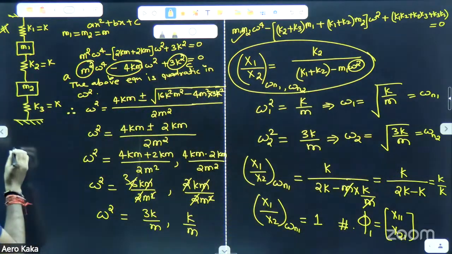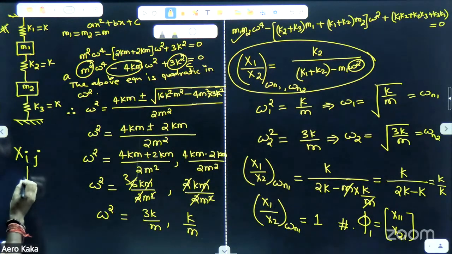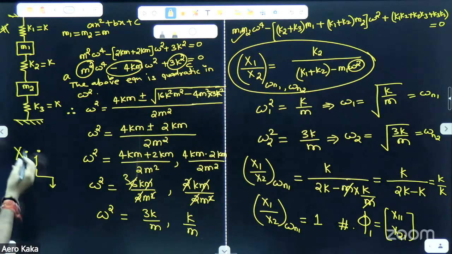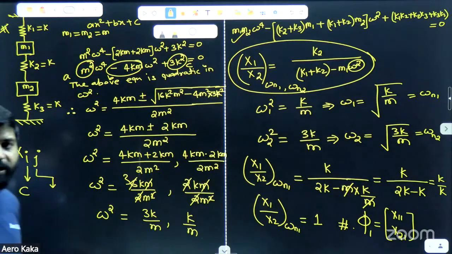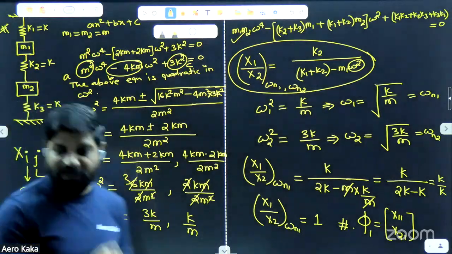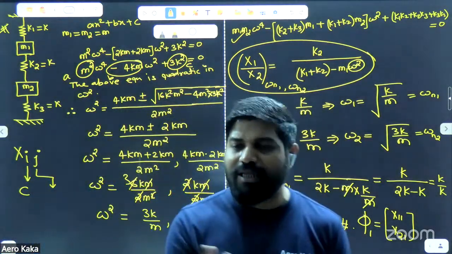Please remember, if I'm writing x i comma j, then I defines what and j defines what? I defines the coordinate. And j defines which frequency it corresponds to, which omega, whether it's omega 1 or omega 2, or omega n1 or omega n2.